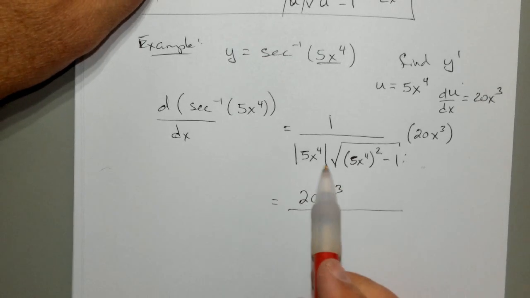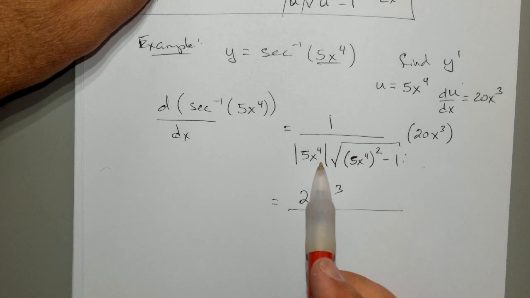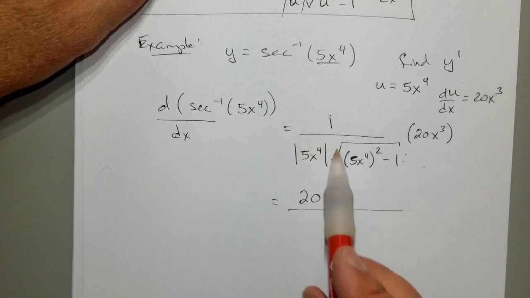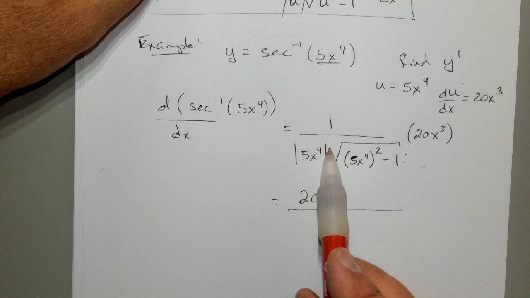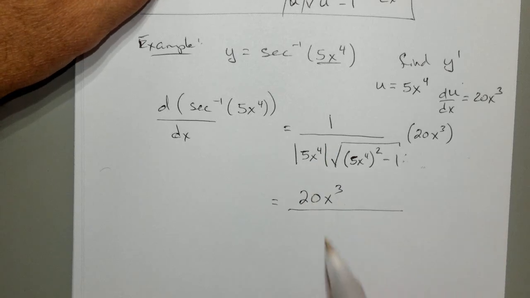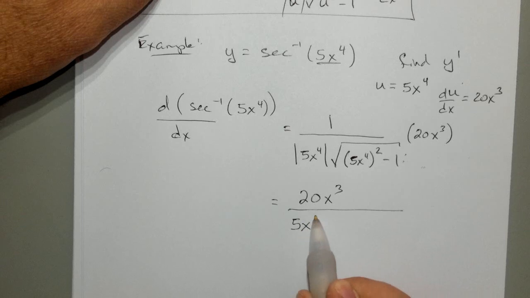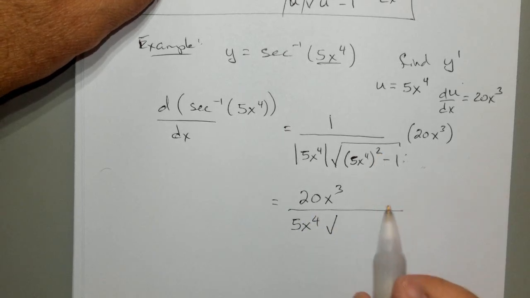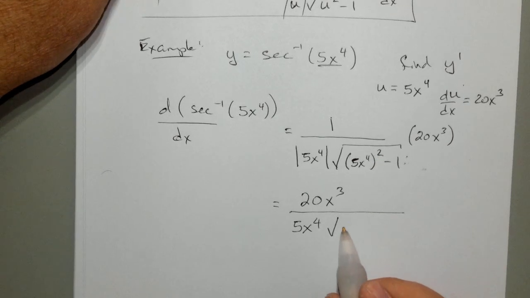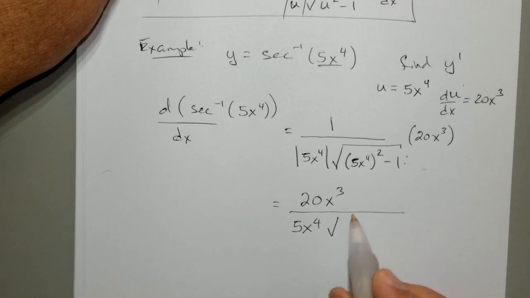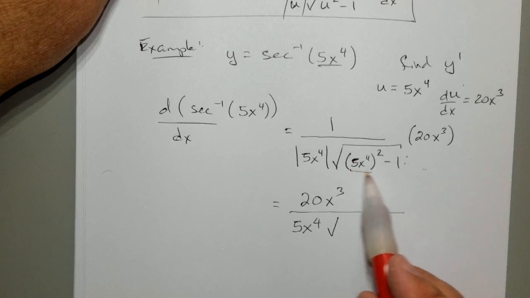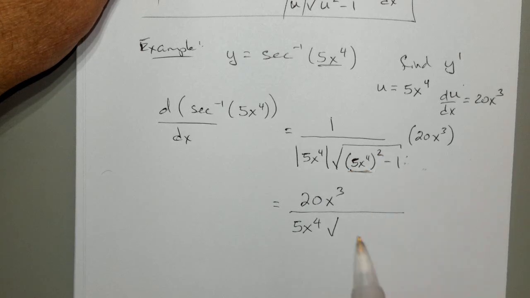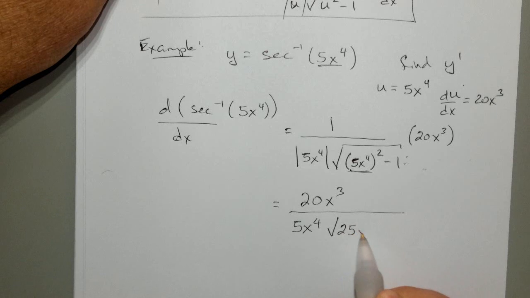Do we need the absolute values now in this one? In other words, can this part ever be negative? No, because it's an even exponent. Five x to the 4th squared becomes what? 25 x to the 8th.